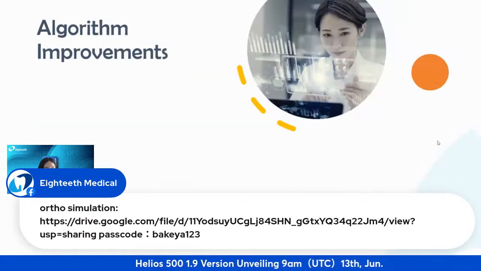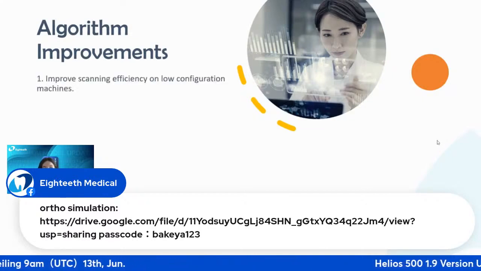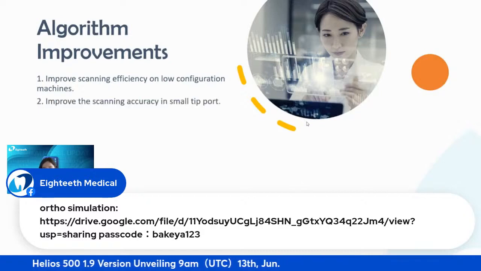And at last, we have many algorithm improvements. I'm just going to summarize for you. Improve scanning efficiency on low configuration laptop machines, and improve the scanning accuracy in small tip ports.